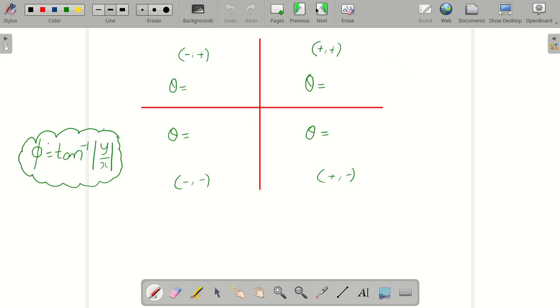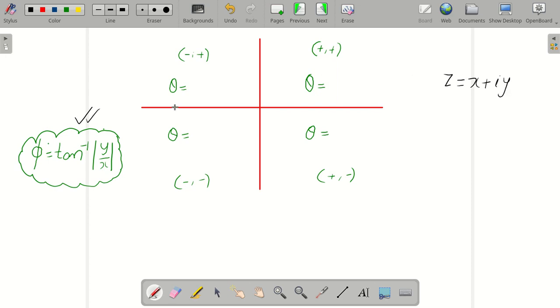And there is a trick. It will be very complicated if you try to calculate theta without this trick. So what I usually do is, first I find the positive angle, in the sense I will make sure x and y are positive. So remember, we have a complex number x plus iy, where x is the real part and y is the imaginary part.